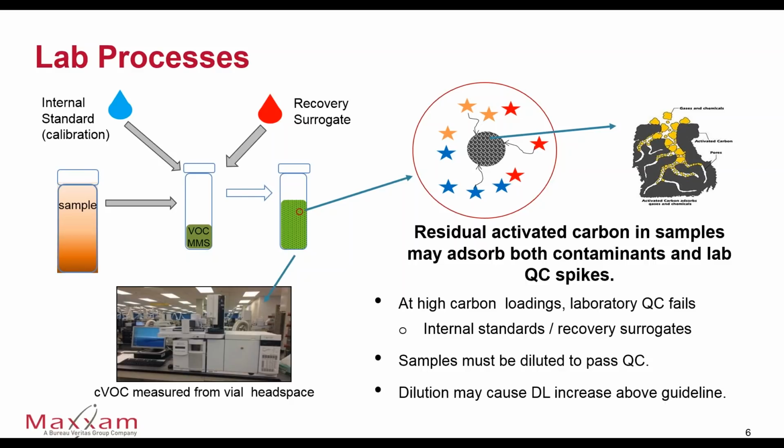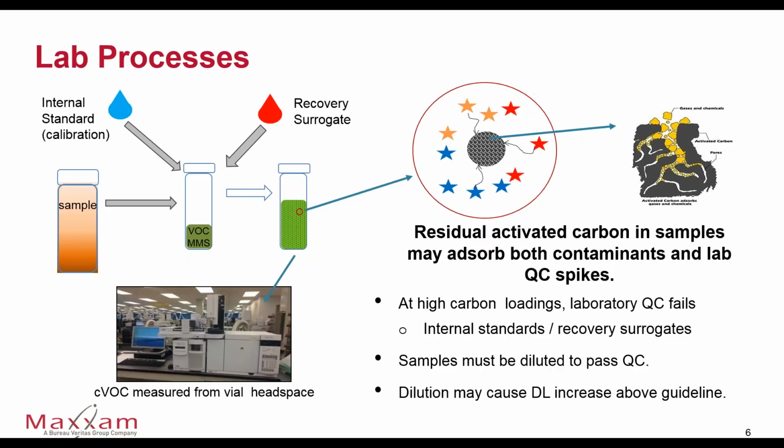This is mostly a problem for the internal standards and the recovery surrogates. Because if those lab standards stick to the carbon very tightly, and they are analogs of chlorinated solvents, so they will behave just like the chlorinated solvents in the subsurface, then you would get a poor recovery in the sample or in the analysis, and then we wouldn't be able to report it.